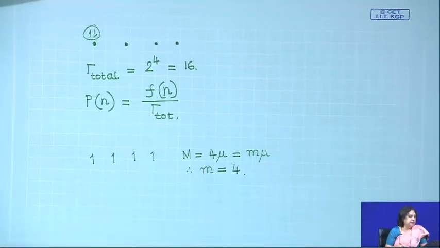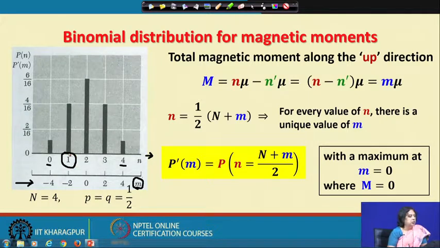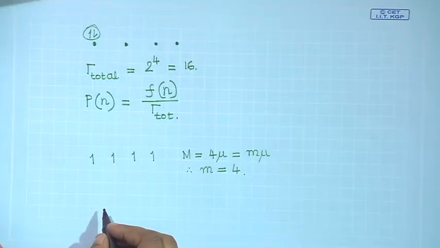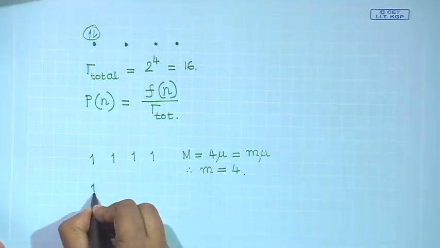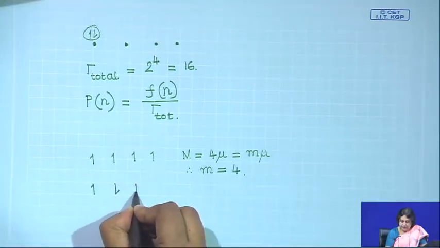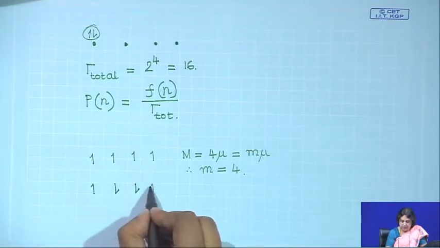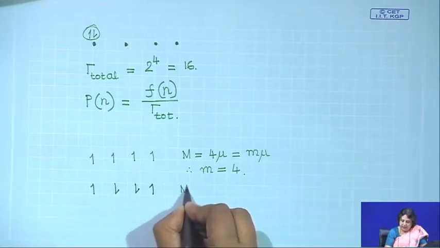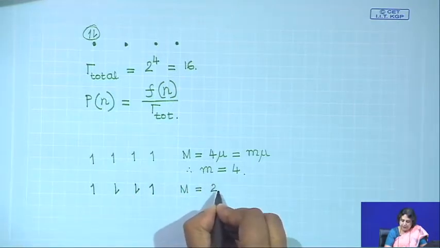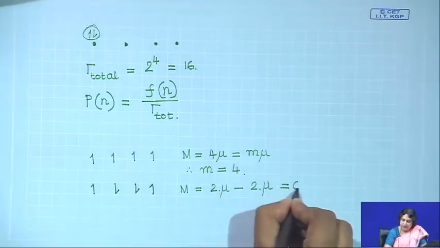Now, if I consider the case where small n is equal to 2, I must have a typical microscopic state like this. This will give you capital M equal to 2 up spins with mu minus 2 down spins with mu, that is equal to 0.